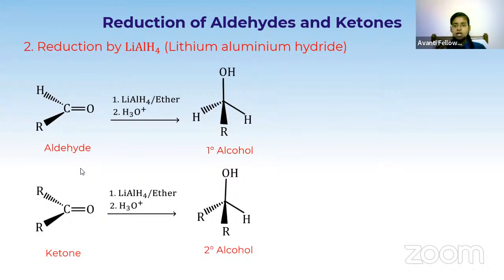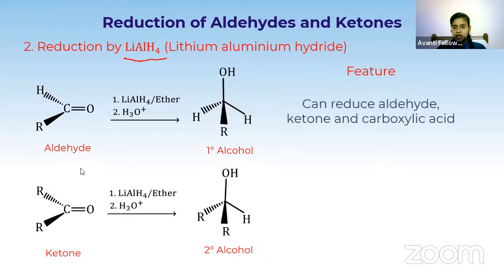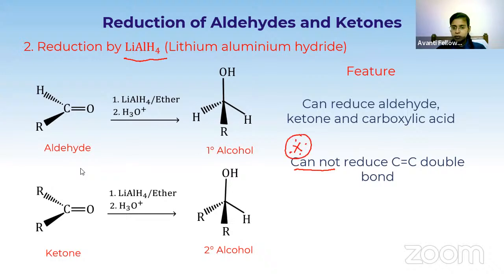Okay. So now what are the other features of this lithium aluminum hydride? This compound has the capacity to reduce aldehyde, ketone and carboxylic acid. But it cannot reduce the double bond. This is a very important feature of lithium aluminum hydride. Got it?